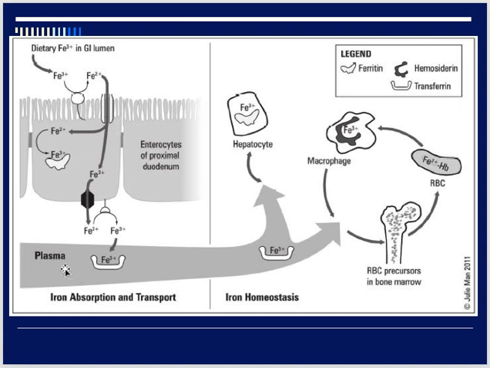Once the iron is absorbed from the GIT, it enters the blood, and in the circulation the iron is bound to transferrin. Transferrin, as the name shows, transports iron from the blood to different storage pools in the hepatocytes, the macrophages, or the RBCs.